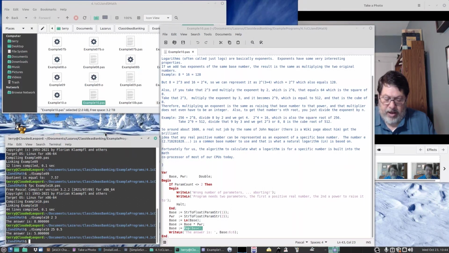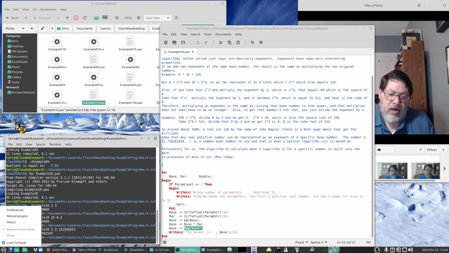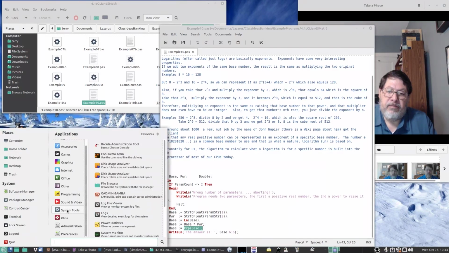So you could take 5 and raise it to pi fairly easily. You'll get a funky number, but it's doable. And if you did that on a calculator, you should get something very similar.